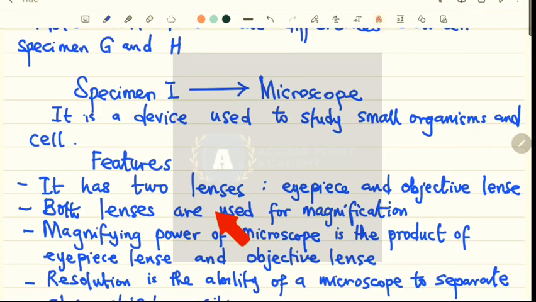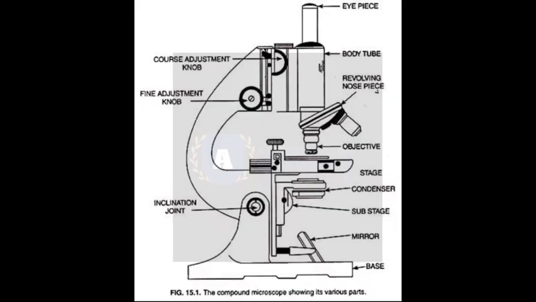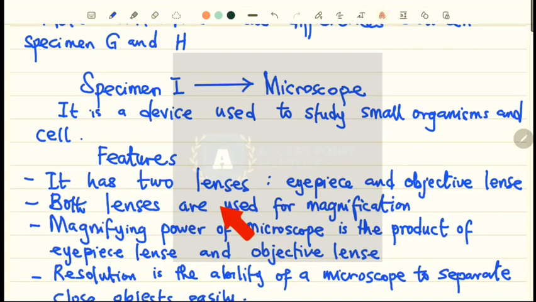Specimen I is a microscope, like you can see there. It's a device used for studying small organisms and cells. So what are the features of a microscope?